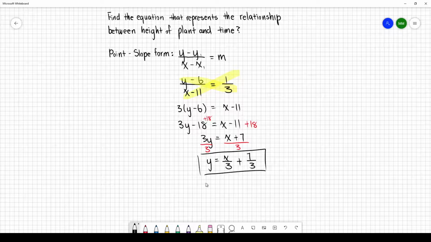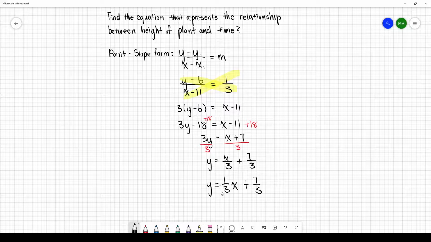So the slope is indeed 1 over 3, as we found in the previous question. So this is your final equation. And the y-intercept is not 2, not 2.5, just in the middle of those two answers. 7 divided by 3 is approximately 2.33.